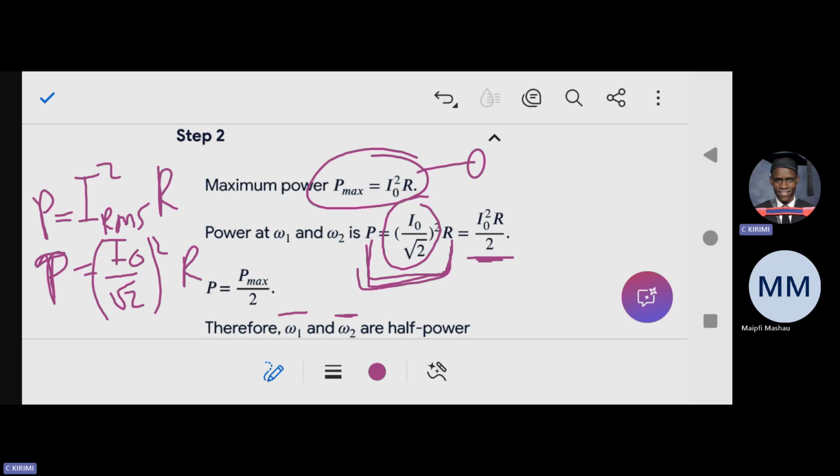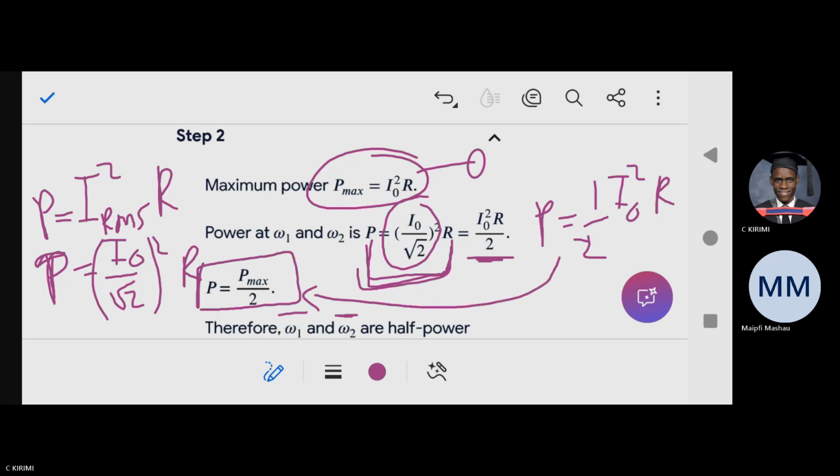That is the same as saying P is equal to half of I naught squared multiplied by R. And I naught squared multiplied by R is P max. So we came to the conclusion that P is equal to P max over 2.